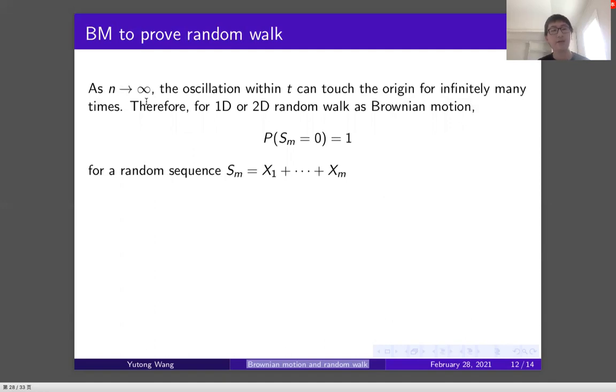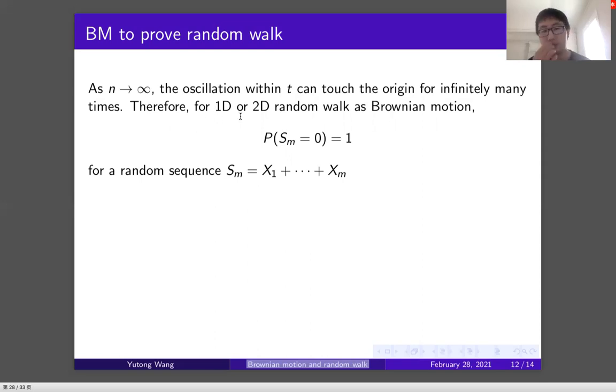As n goes to infinity, the oscillation, as I just discussed, and you will see more details. When n is increasing, you will see that it passes the original point more times. So as n is equal to infinity, we can assume that it will touch the original point infinitely many times.